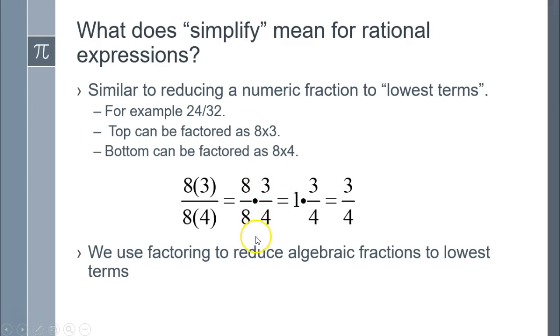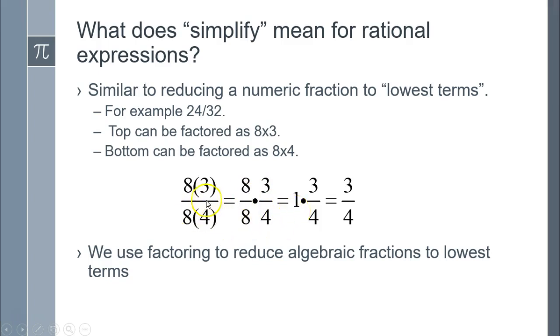Because when you multiply fractions, if you were asked to multiply this, you do 8 times 3 over 8 times 4. So I would hope you would recognize before you multiply that 8 divided by 8 simplifies. Any number divided by itself simplifies to a 1.